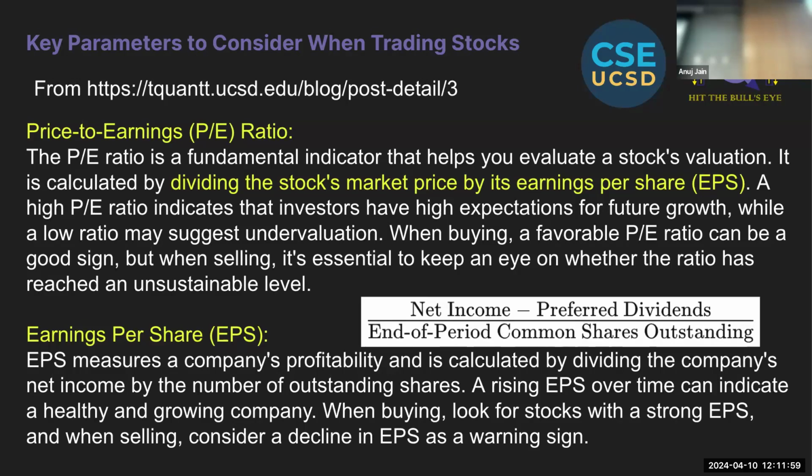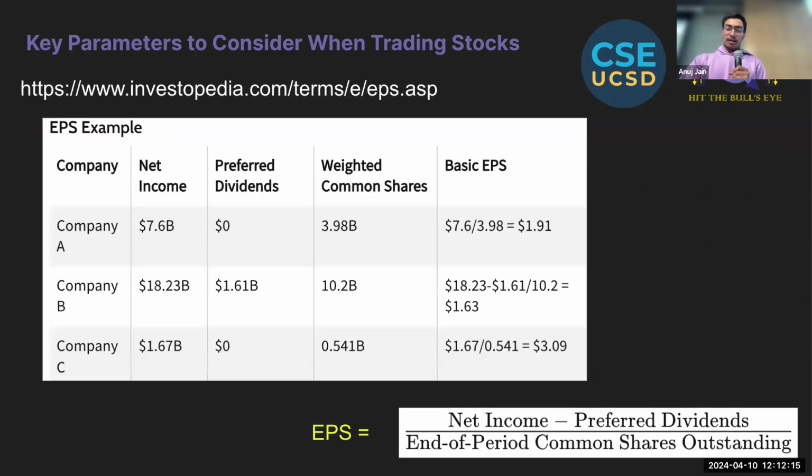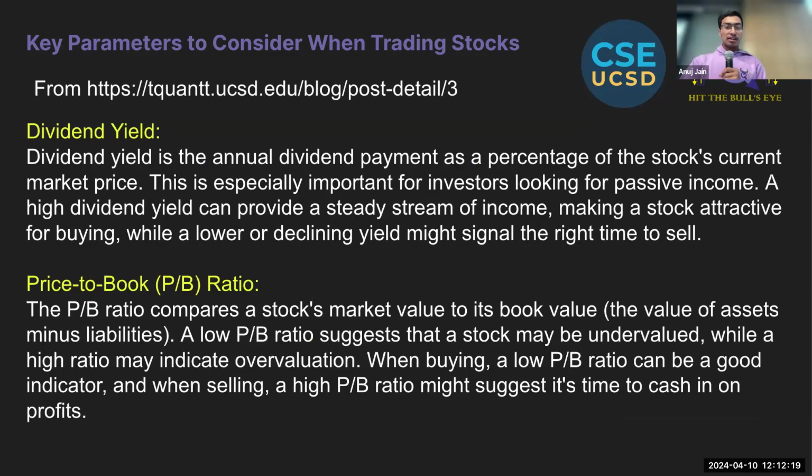That gives you a sense of how the company is performing overall, like how much profit they are making, how much dividends they are giving. All those factors are incorporated here, so these two are very important. I think that was it. This was just an example of calculation.